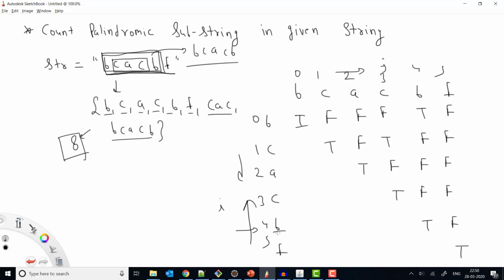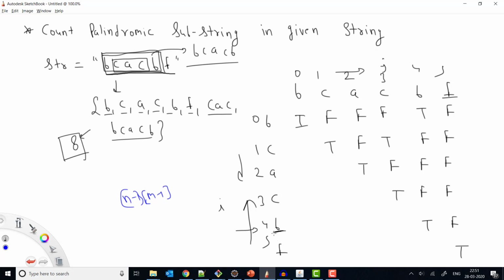This is my i, and my j will start from i plus 1, and I check if these values are equal. If these values are equal, then we only check if the previous diagonal value, i plus 1 and j minus 1, is also true. If it is true, then we fill true, right? This is how we solve it.